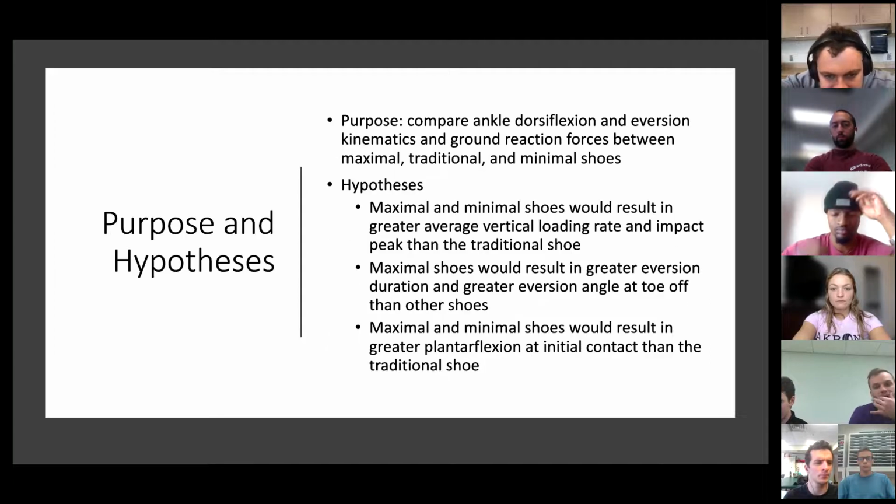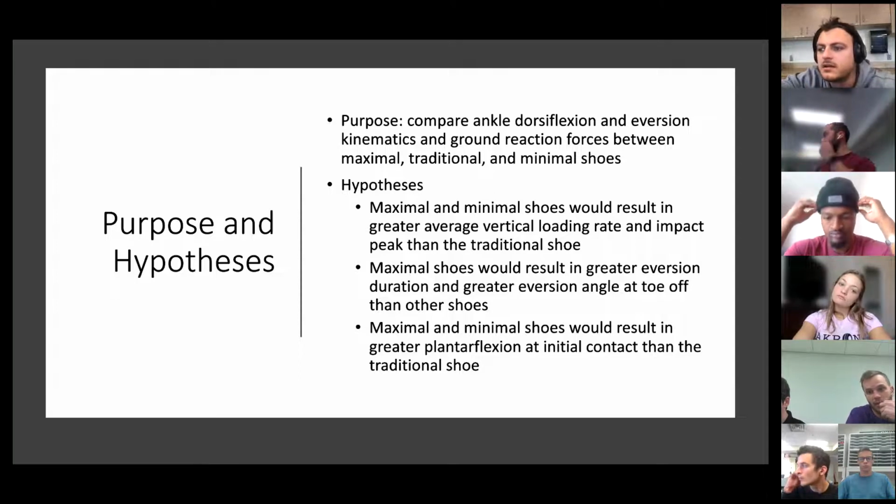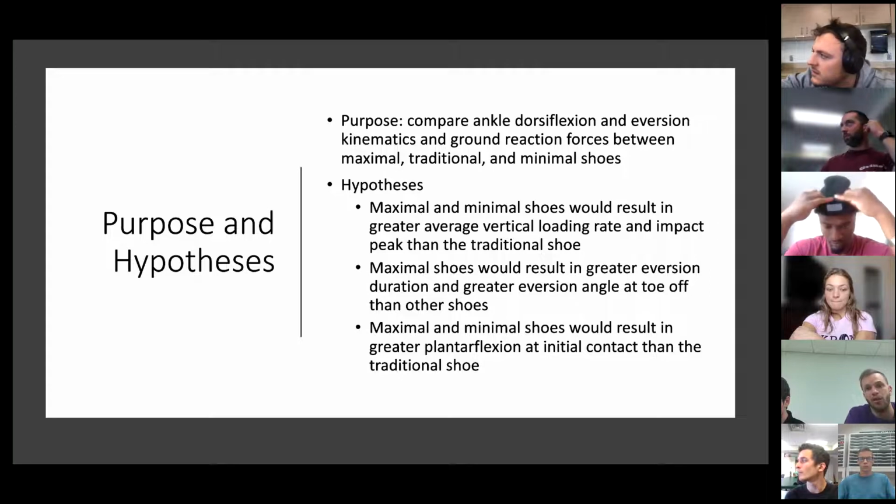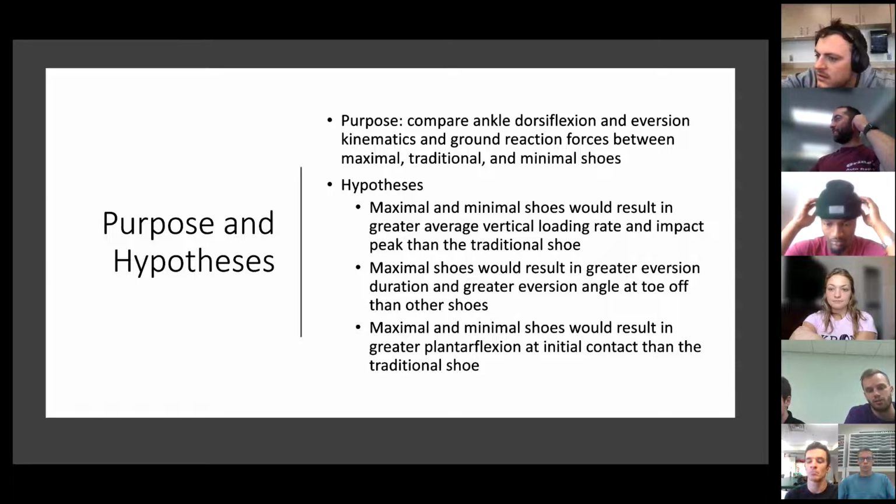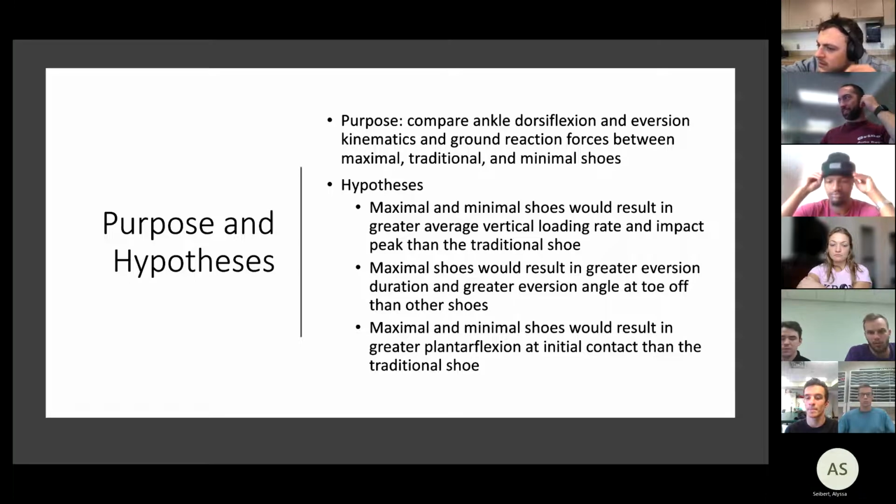So the purpose of this study was to compare some of these biomechanical implications. So dorsiflexion, eversion kinematics, and ground reaction forces between maximal, traditional, and minimal shoes. So this study hypothesized that maximal and minimal shoes would result in a greater average vertical loading rate and impact peak than the traditional shoe.